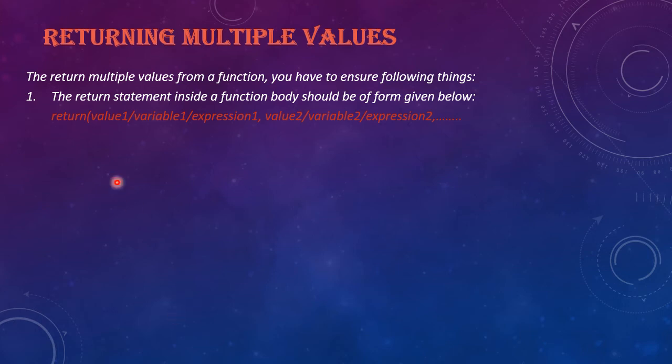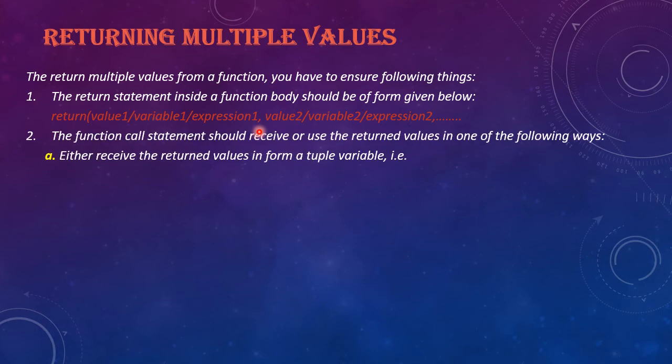We write the return keyword, then value 1, comma, value 2, comma, value 3. Just now we saw a return statement can return any value, any variable or any expression. Remember that multiple values can be separated by the separator comma.